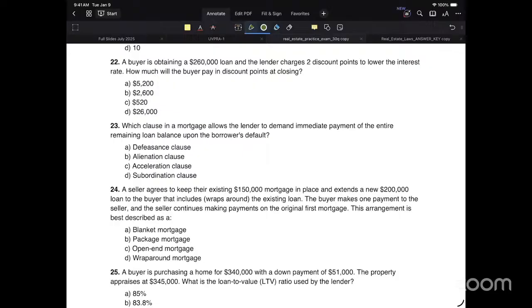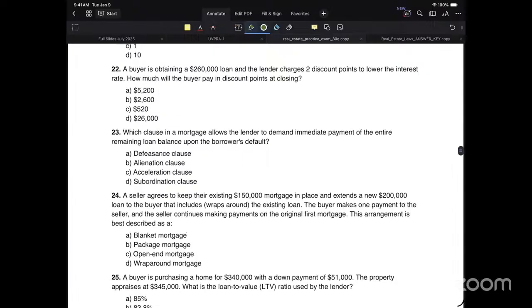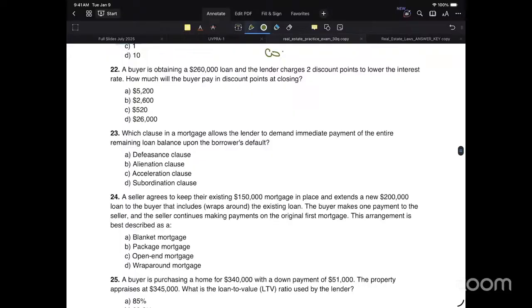So what do we know about points? Let's start with that. We know a point will always cost the borrower 1% of the loan amount. And not that they're asking us, but if they had asked a different question, how do these 2 points affect the interest rate?